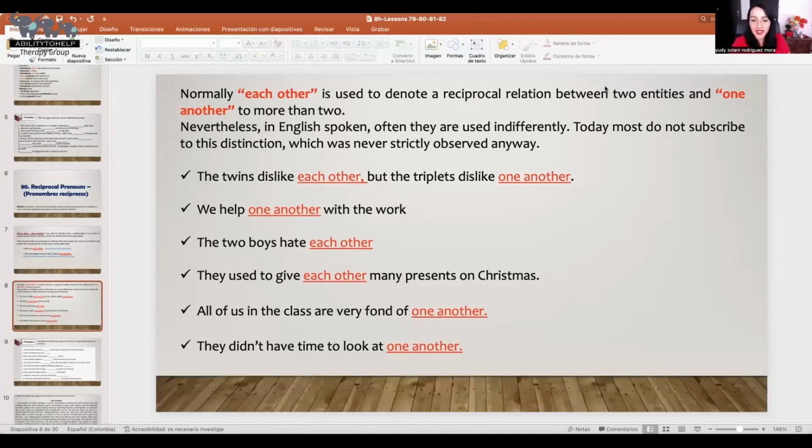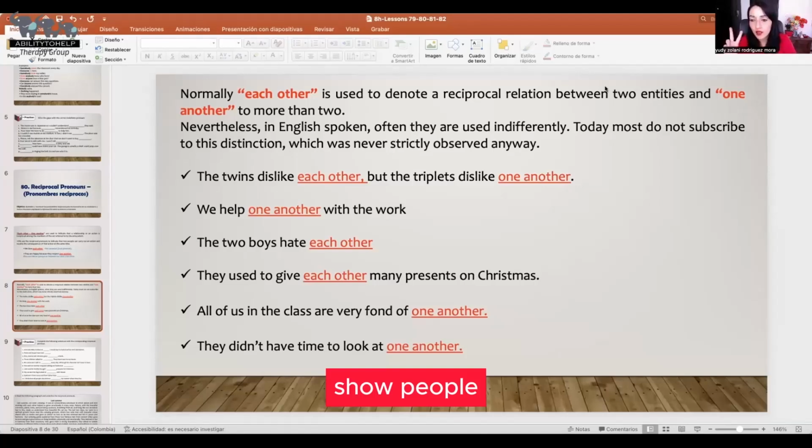So in the second part of this sentence, you find one another. Why one another? Because triplets are three people. So that's why you have to add one another, because each other is just for two entities. And when you talk about 3, 4, 5 people, you have to say one another.